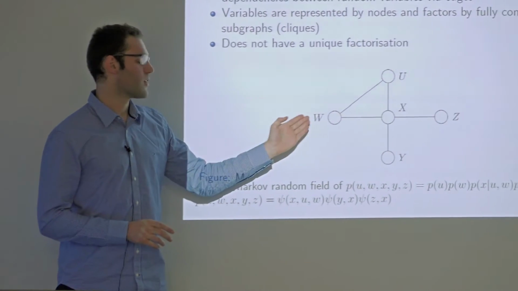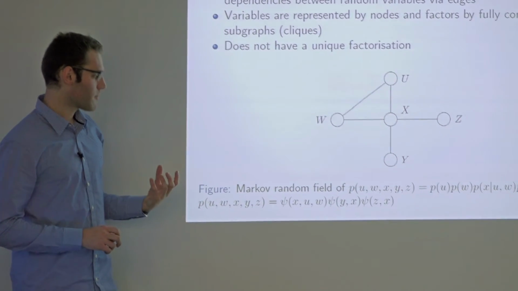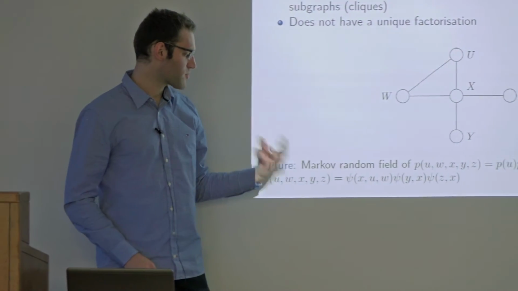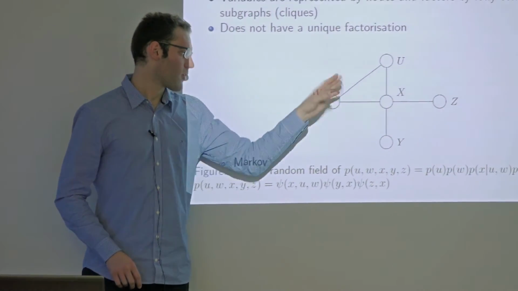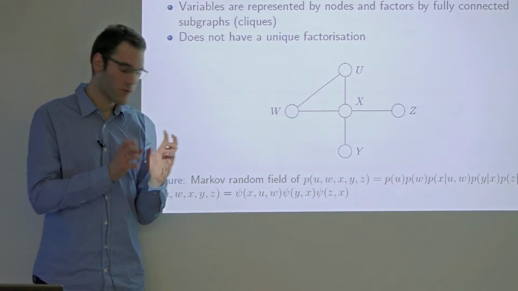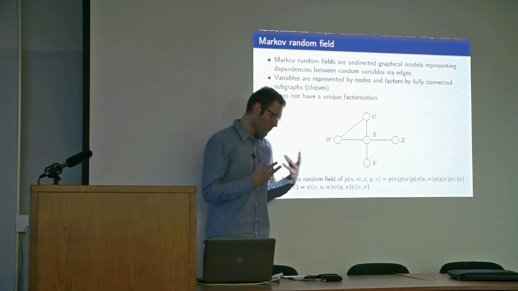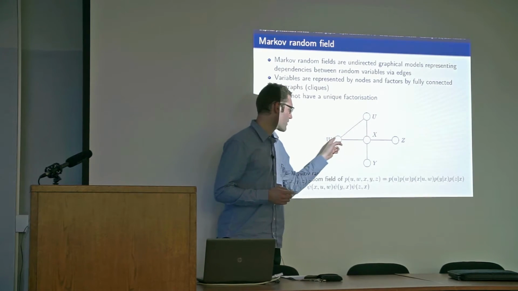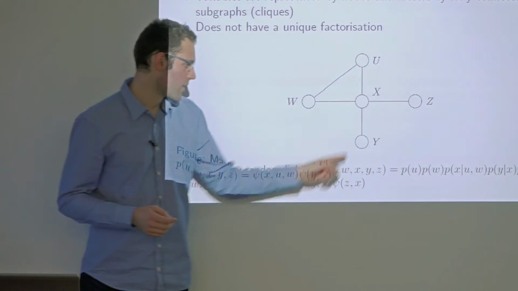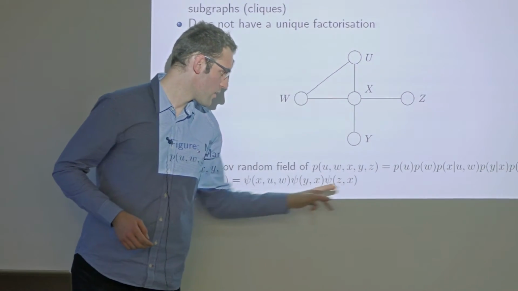And again, the variables are the nodes. And here we have the factorization of the following form, the same as we said before, but as you usually use Markov random fields, you look at cliques of connected nodes, and to have a unique factorization you use maximal cliques. So this is one of the biggest cliques involving w, x, and u, which is shown by this factor. Then we have x and y, which is this psi factor, and then we have x and z.